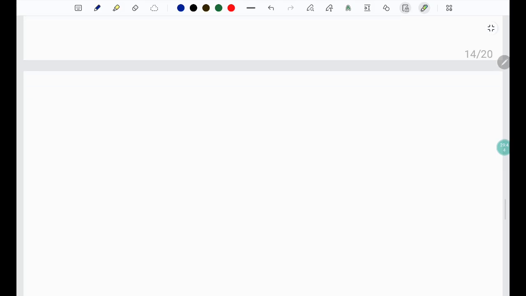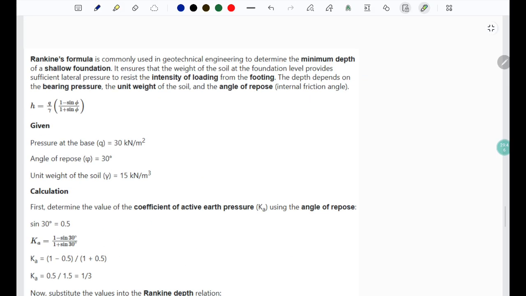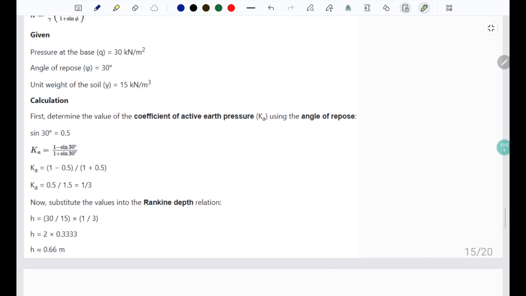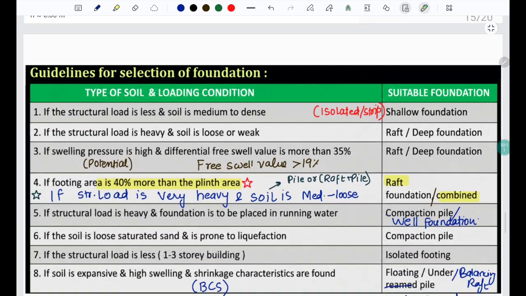So let's see the answer. We have the Rankine formula where Q is the pressure, net pressure or gross pressure, gamma is the unit weight, and using the formula (1 minus sine phi) by (1 plus sine phi), all the values are given here. We can find out the depth of the foundation.